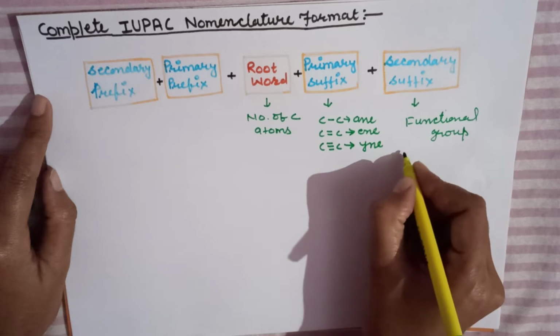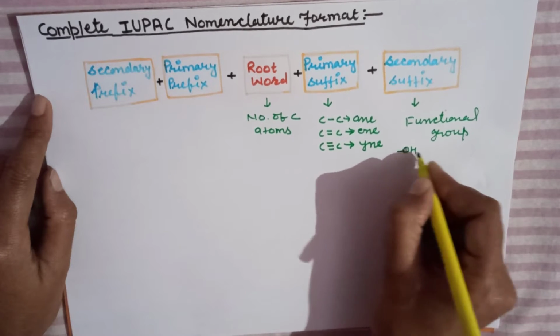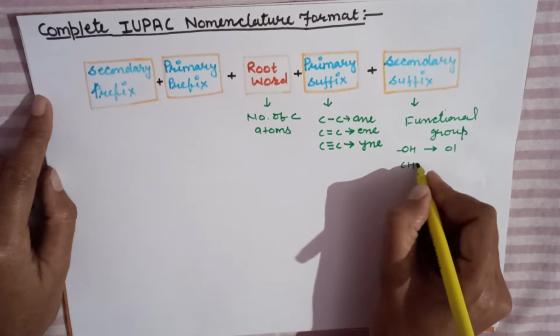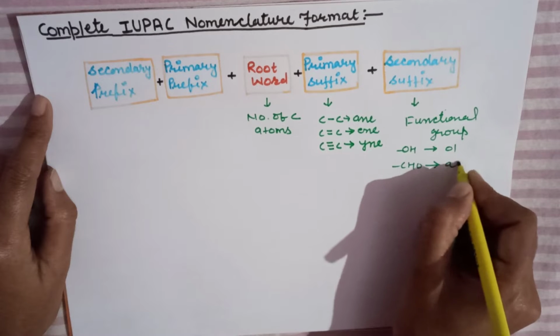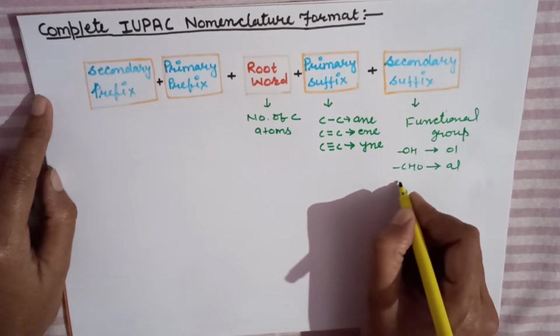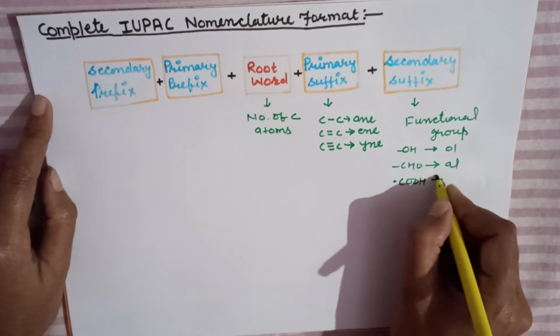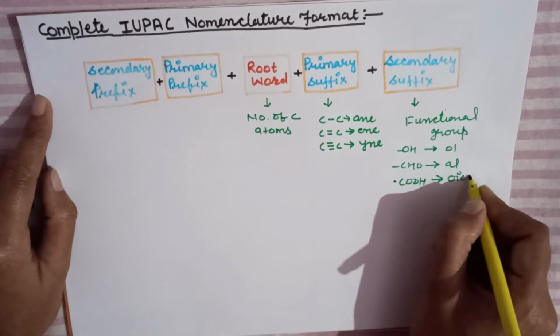For the alcohol functional group OH, we use "ol". For the aldehyde functional group, we use "al". For the carboxylic acid functional group, we use "oic acid".